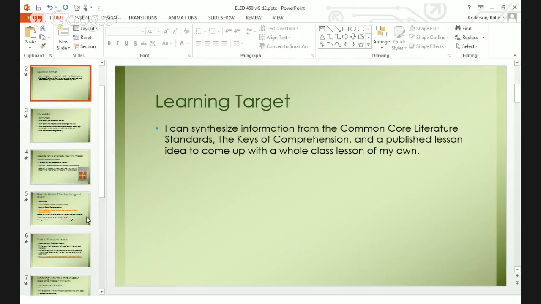So anyways, what you guys did from Monday was come up with the standard and the learning targets, and then decide how to connect that standard to a strategy or one of the keys of comprehension. I decided to connect mine to making inferences. Then I decided to take an idea from your Pinterest site, oops, that's the wrong PowerPoint, sorry.